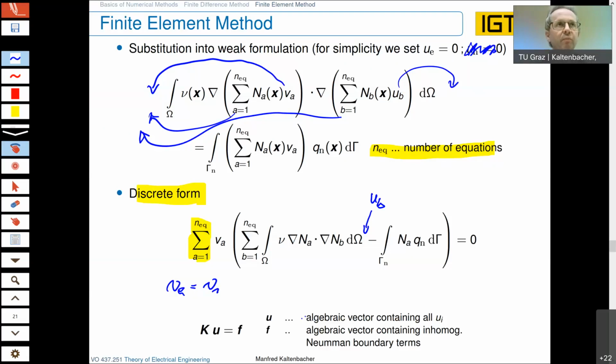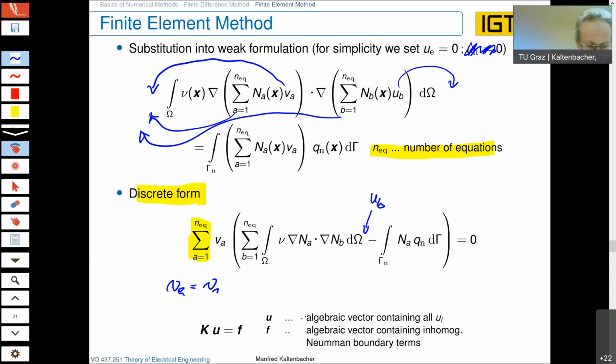We assume it is different from 0, otherwise it makes no sense, because multiplying with 0, 0 is fulfilled, but we want to get the equations for the unknowns UP. That means for each test function coefficient we get an equation with unknowns UP, so we get a number of equations for all these UP.